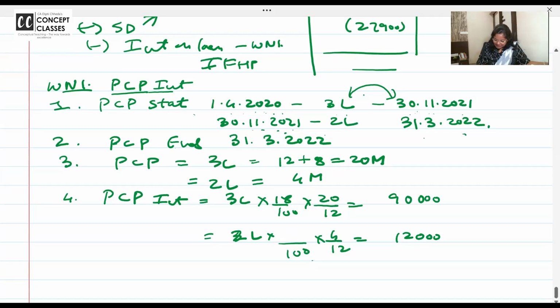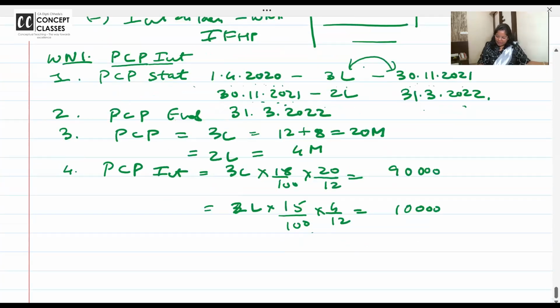By mistake, I wrote 18%. So 2 lakh into 15% into 4 divided by 12 is 10,000.